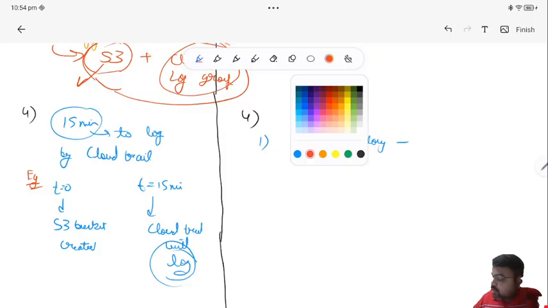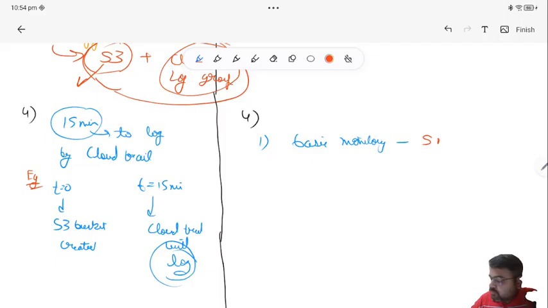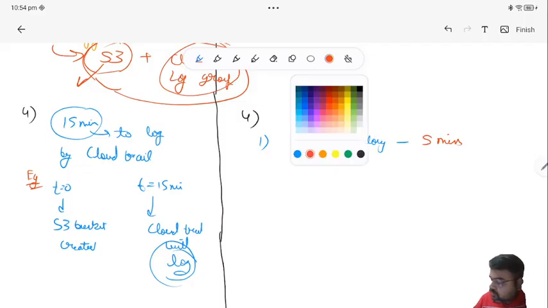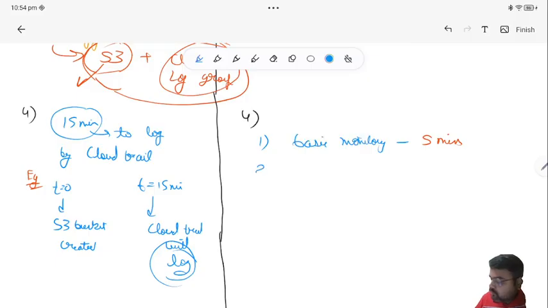It generally takes 5 minutes. Another one is detailed monitoring, which comes with a 1 minute time period. So these are the time periods.